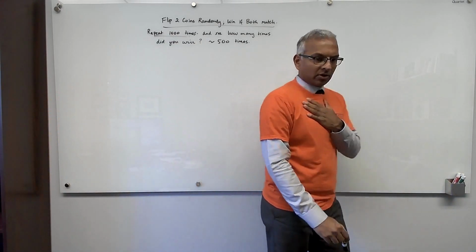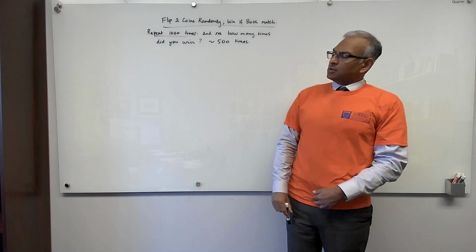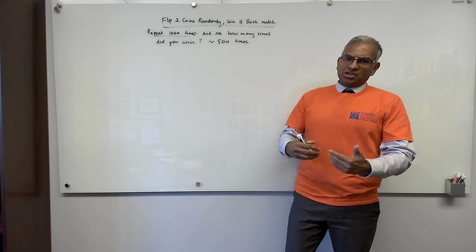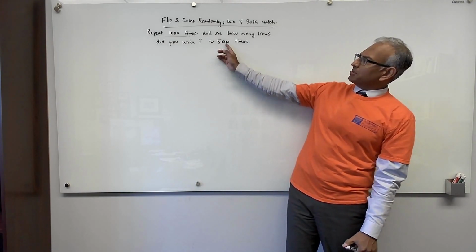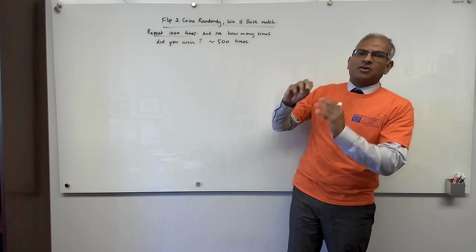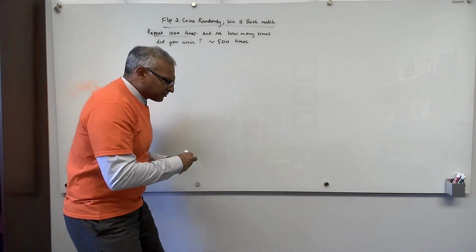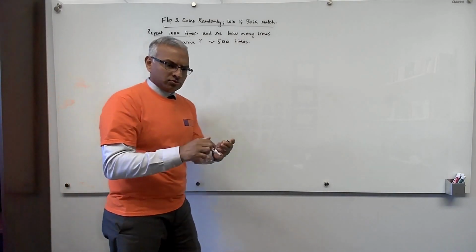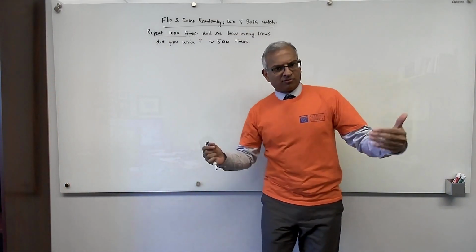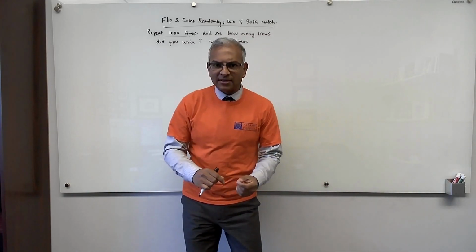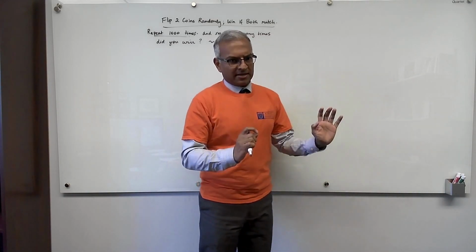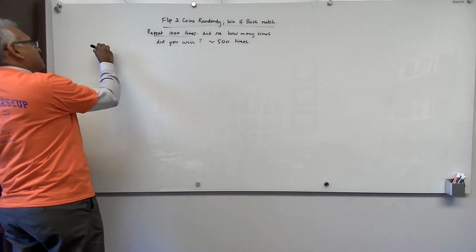Now what we're going to do is develop a machinery that would come up with this number, approximately 500 times, without actually doing the experiment. And here's the way it goes. The first step, before you invoke the machinery of computing a probability, is to realize that the outcome is random.